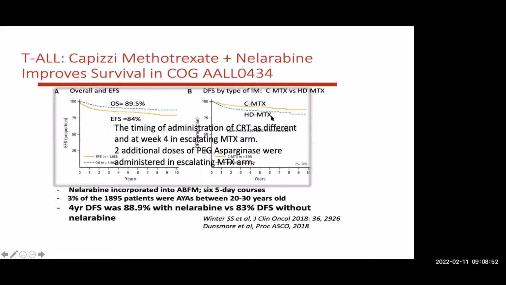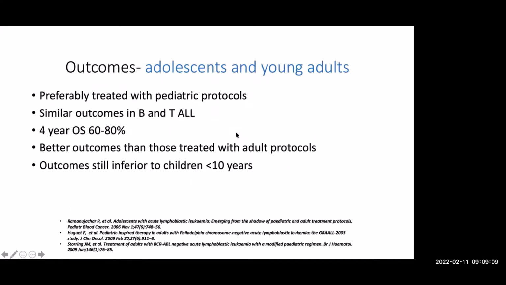And patients who received Capizzi methotrexate received 2 additional doses of asparaginase, suggesting these components might have resulted in the superior outcome with Capizzi methotrexate compared with high dose methotrexate.